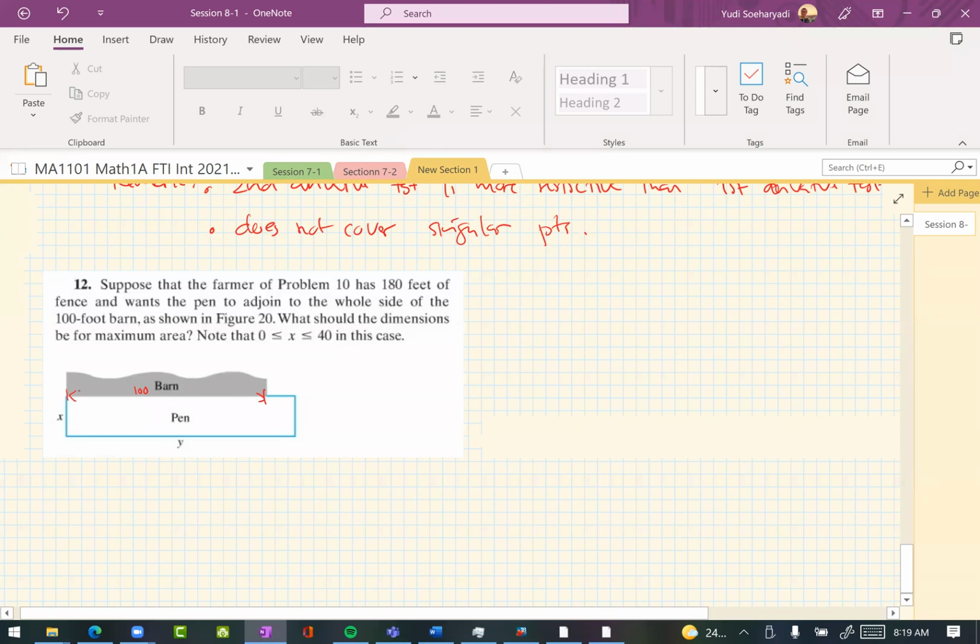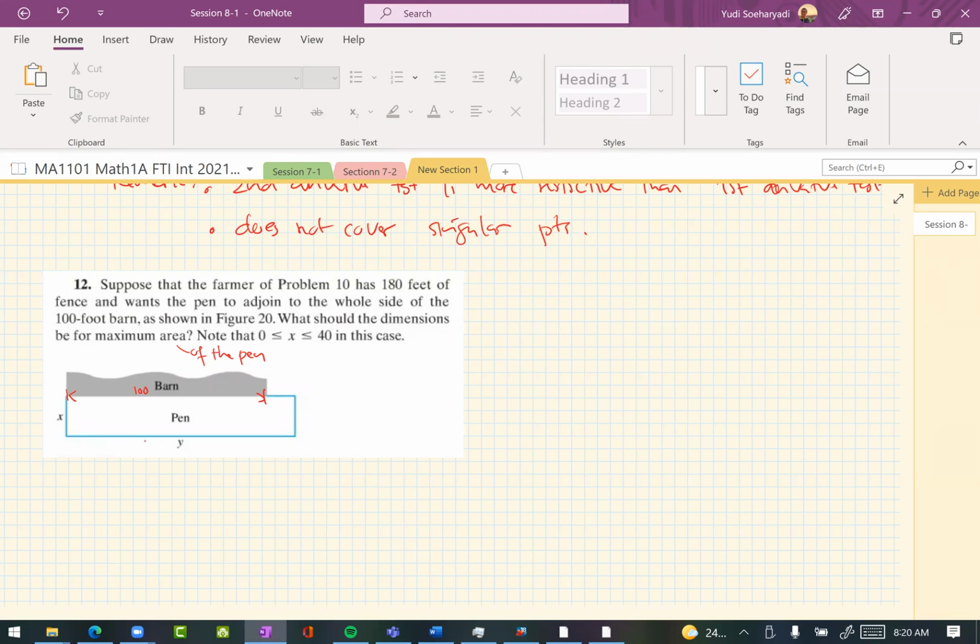Now, what should be the dimensions for the maximum area of the pen? So the barn is joining here. Can we model this one, and find the maximum?